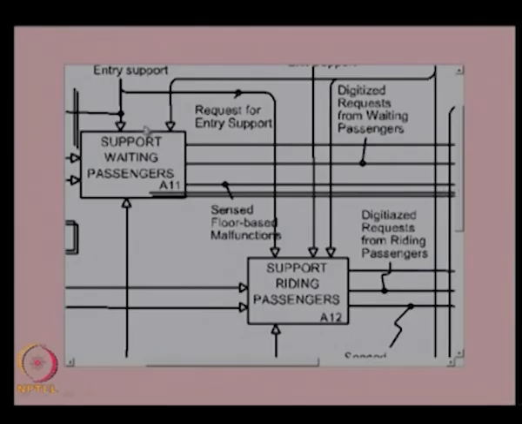So in order to find out the function, we need to go further deep into support waiting passengers and then see what is happening to this signal, or which is the function which actually transfers this signal to digital signals. So this is the way we actually trace the scenario.